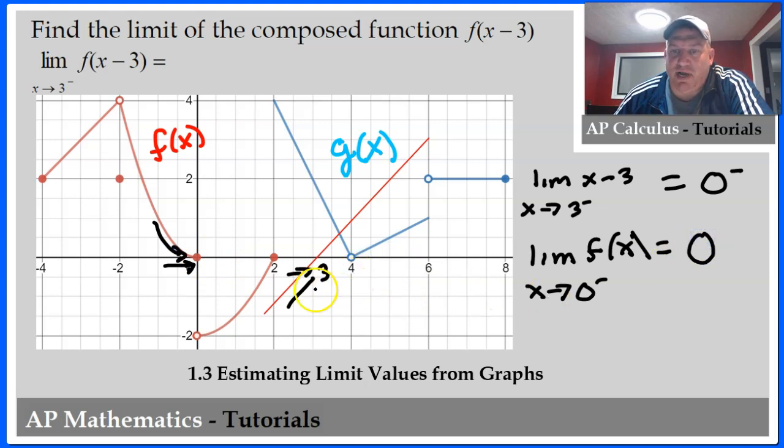The reason I said we have to look through this carefully is because if we had switched this and had f of 3 minus x, then the 3 minus x would actually approach 0 from the right-hand side, and our limit would have been -2. So you've got to be careful.